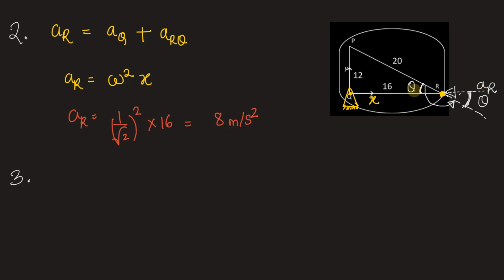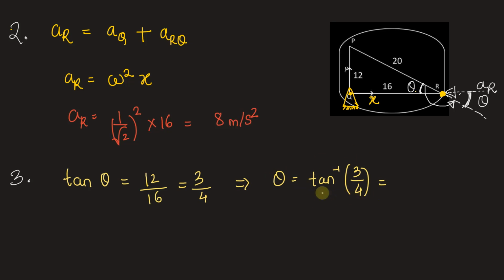So, to find out theta, we can use tan theta is equal to 12 upon 16, which is equal to 3 by 4. This gives us theta is equal to tan inverse of 3 by 4. Using a digital calculator, you can compute theta, which is 36.87 degrees.